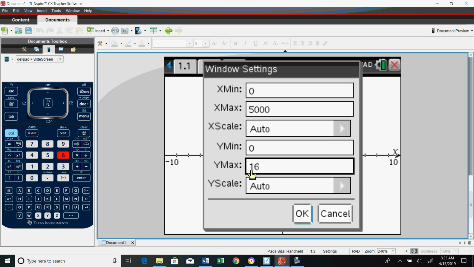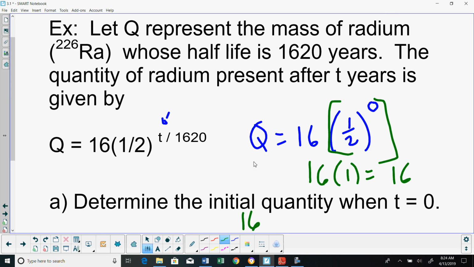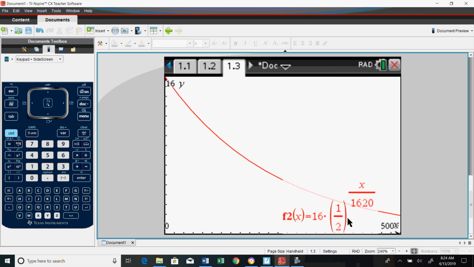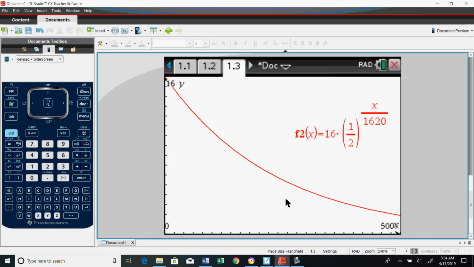Because that's the initial amount, and it's going to be decaying. Oh, we didn't talk about that. How do we know it's going to be exponential decay? Because this number here, that's our base, and our base is between 0 and 1. That's exponential decay, right? So I know that there's going to be a decaying graph. So here we go, 0 to 16 for our y's. And there's our graph. Sure enough, it does look like exponential decay.